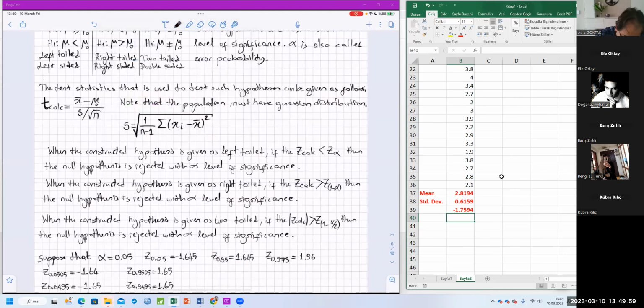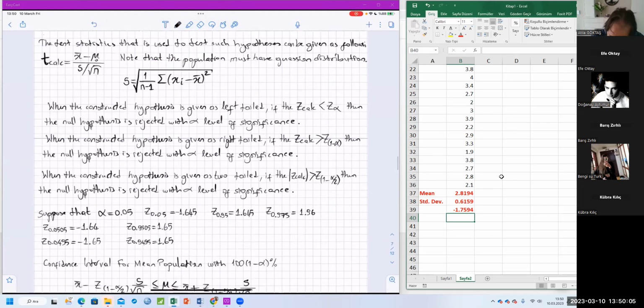This is T. The way of the calculation is no different. So I'll have to modify this place here as well. This is not Z anymore.